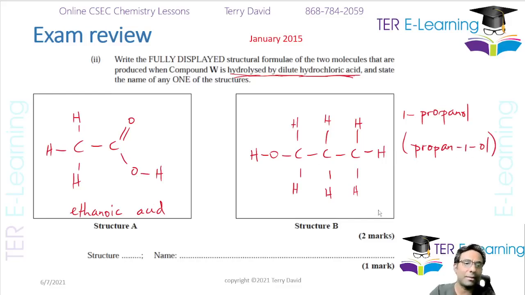Do not go in the exam and put propanol. You are not going to get a mark, right? You might be thinking, yeah, I get correct one, but that's not what they want. They want 1-propanol or propan-1-ol. You are indicating the position of the OH group. That's what you're doing, right? So they ask you to name either, so either you're naming A or you're naming B, and you're going to get marks for that, right?